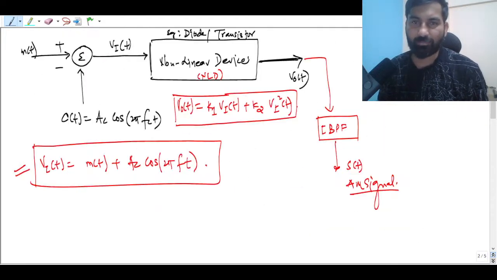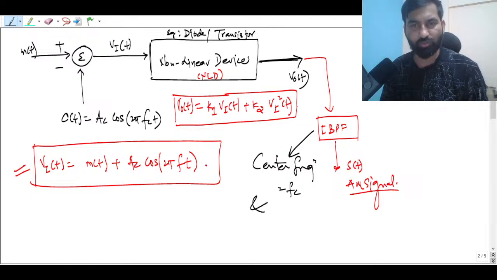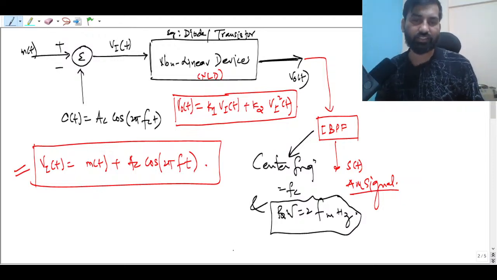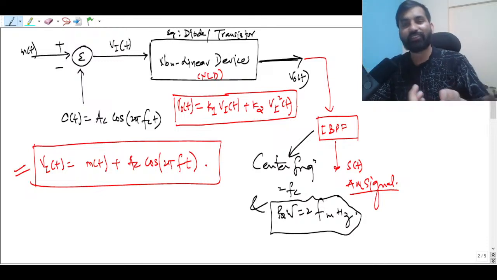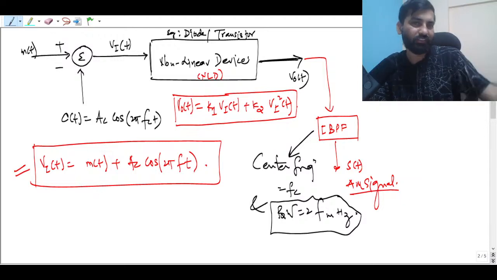This ideal band pass filter will have a center frequency, which is nothing but FC, and the bandwidth is going to be 2 times FM. You have to maintain this much bandwidth so that your modulated signal can pass through this band pass filter. Why are we introducing the band pass filter before transmission?